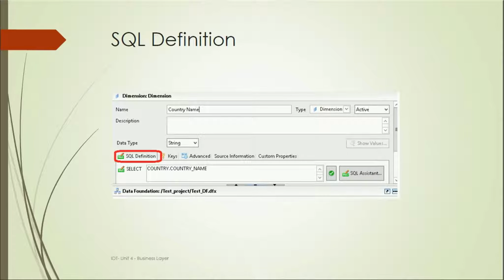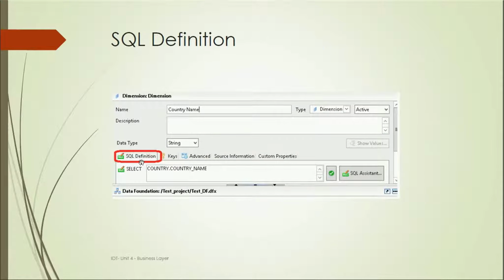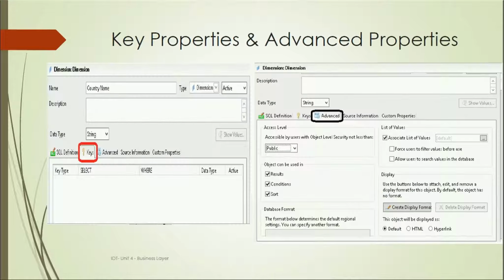And then SQL definition. If you see, these are the different options, and below that you will see these properties. We will see each property one by one. SQL definition will have this table and column name, so the business layer objects will refer internally to this table's column.